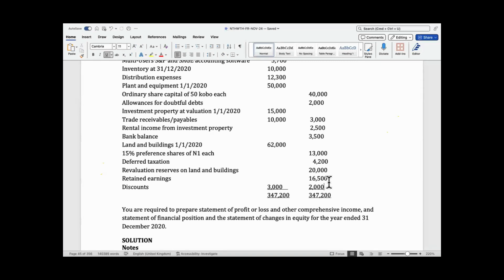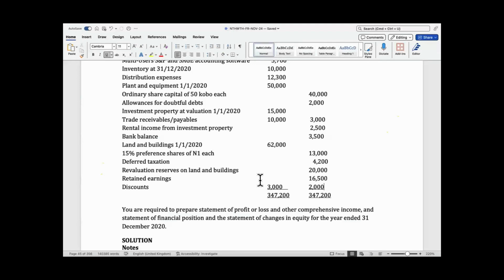All of these things I'm saying, you will do a lot of it. It's something we'll encounter severally, so you will get used to it before the end of these 14 weeks that we have together. But in this case, we don't have current tax and we don't have any estimate of tax. If you had current tax in the trial balance, we would have taken it to our P&L.